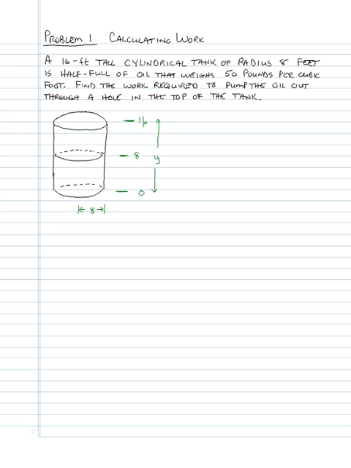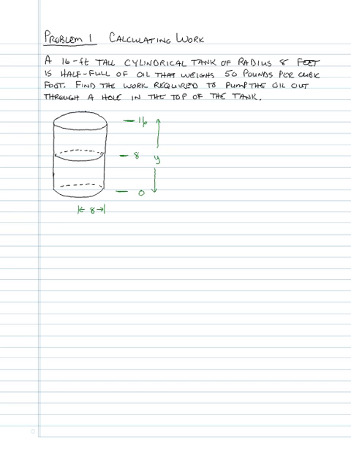The oil that's at the very bottom would have to move 16 feet to get out of the top. The oil that's at the very top of that level of oil would have to move 8 feet. And there's some that would move 10 feet and so on and so forth. So to move all of the oil out of the tank, it's going to actually move different distances.